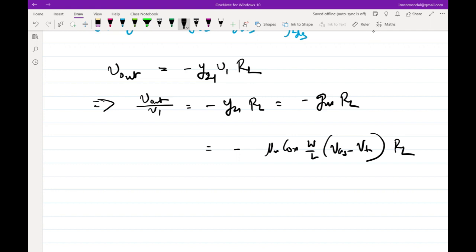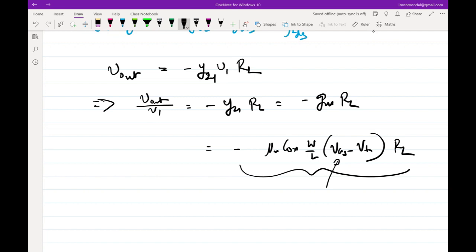Okay, fine. So what does it tell you? Note that in this gain expression, everything is quiescent. Everything is a quiescent parameter, right? Threshold voltage is a device characteristic. This VGS here is quiescent. It's not the incremental input, right?